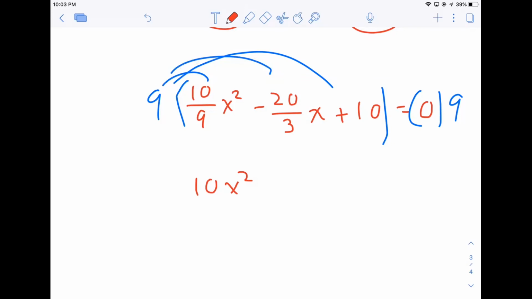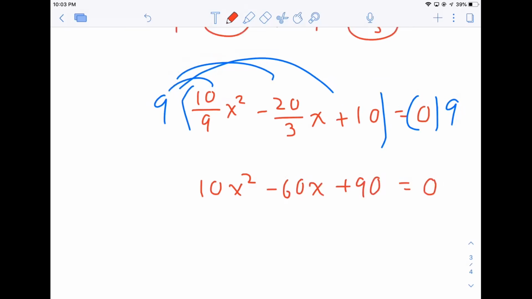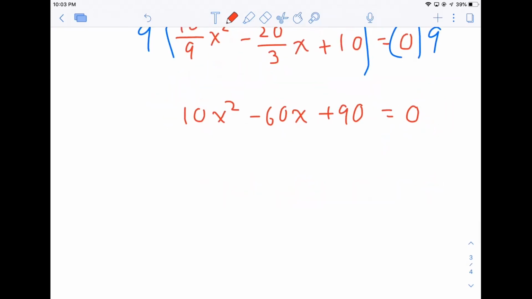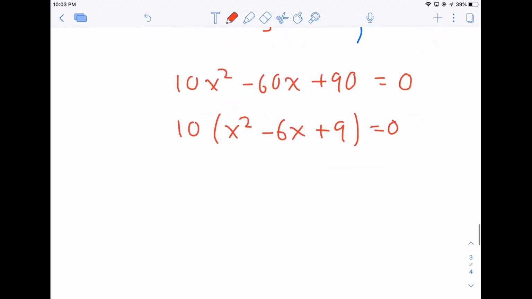The 9 and 3 simplify to just a 3, so that's minus 60x plus 90 equals 0. And now when I factor out the 10, I get x squared minus 6x plus 9 equals 0. And finally something easy to factor, right? (x minus 3) times (x minus 3).